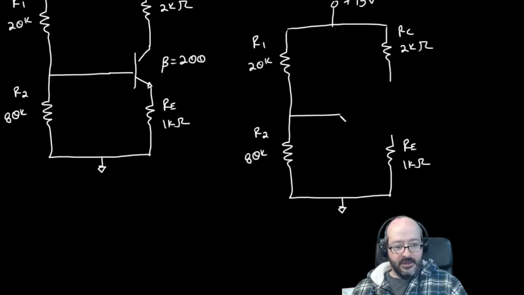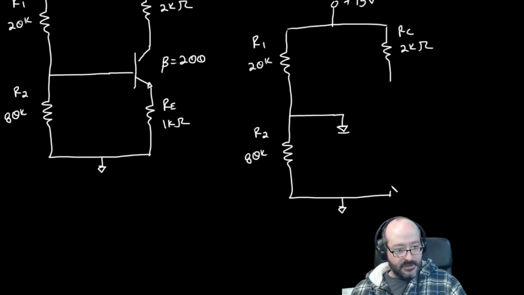Literally, not figuratively. Okay. With our DC equivalent circuit. Okay, so we're gonna have our diode there. I'm gonna reposition this. It's not moving, but just to make the drawing a little cleaner.